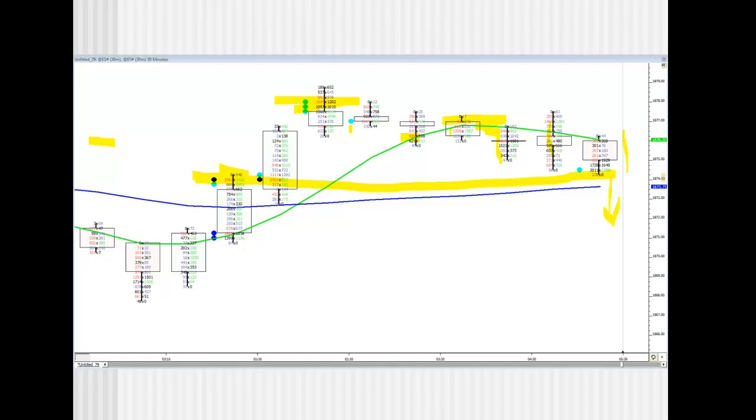I can't help but ask the question, is this going to be buying again, or has the buyer faded from the market? Already, by virtue of the fact that I only see one level 1 rather than I had a level 1 and a level 2 there, I begin to question the commitment of the buyer at this level. Notice how we begin to integrate the different pieces of information into our trading and these different tools that we have.